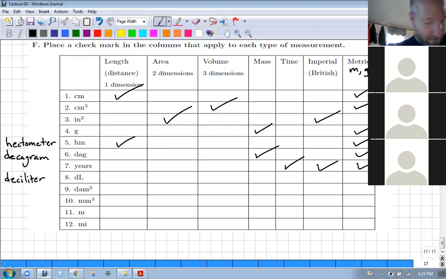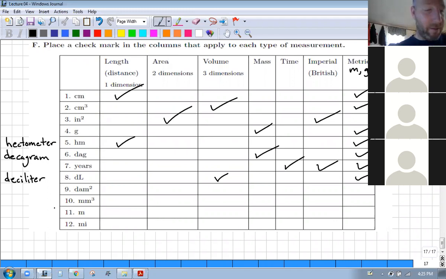You've got centiliters and so on. The liter is in the metric system. I wanted to make sure before I wrote that down. So metric is meters, grams, and liters. A deciliter is a volume, just like you'd have a volume of a liquid in a water bottle. And it is metric.